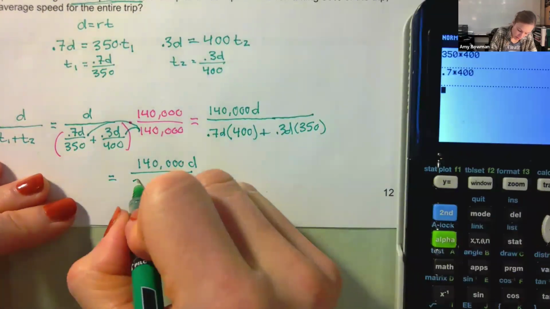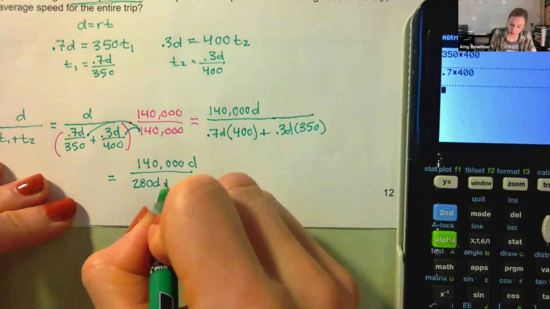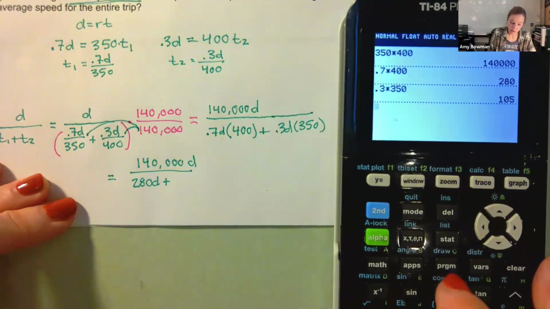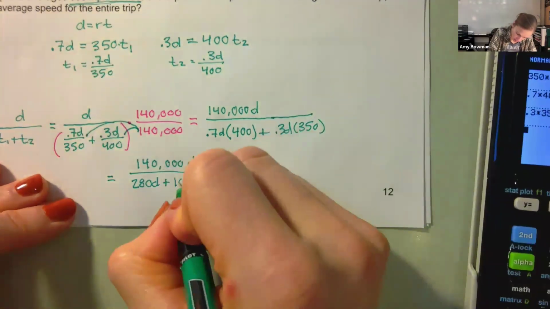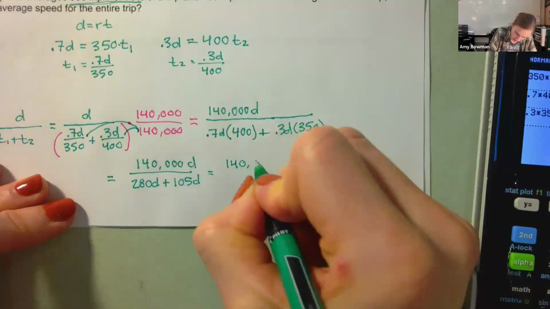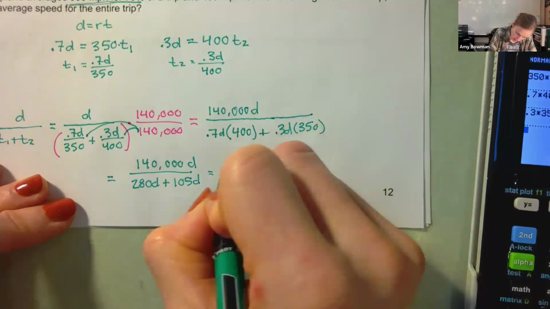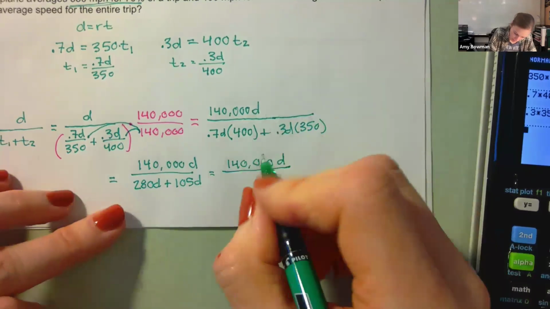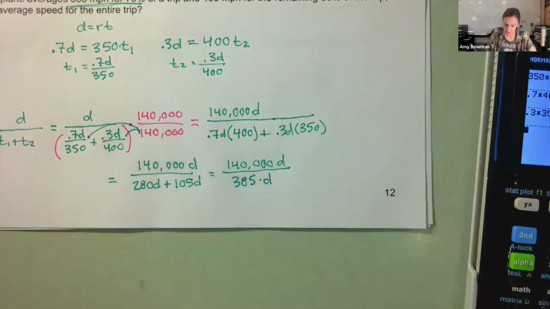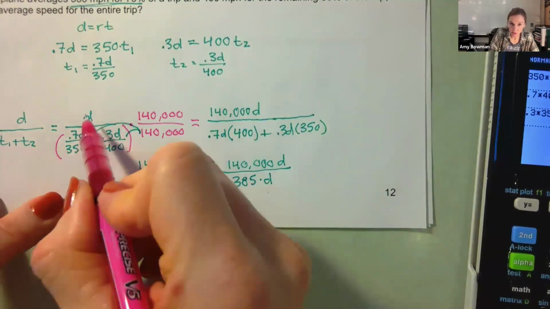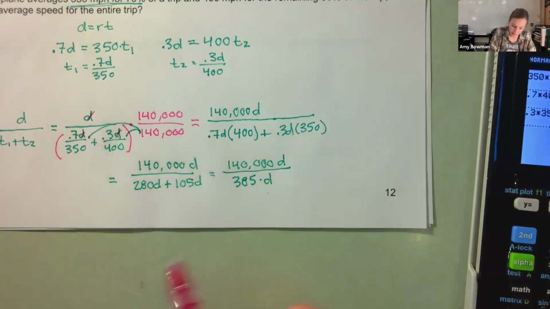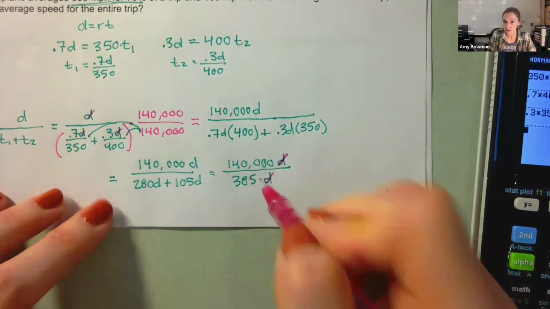We've got 280 times D plus 0.3 times 350, so 105 D. So we end up with 140,000 times D over 385 times D. Some of you probably realized already in this first step that all three terms in this fraction have a factor of D. So we know that those are going to cancel out eventually, and we see that finally happening here.